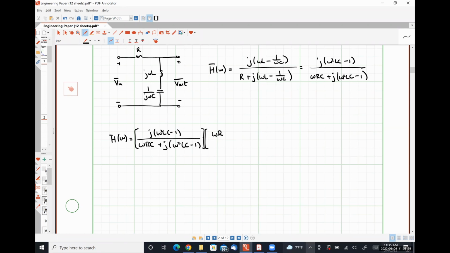That's going to look like omega RC minus j omega squared LC minus 1 times omega RC minus j omega squared LC minus 1, which will look like omega RC squared plus omega squared LC minus 1 squared in our denominators.